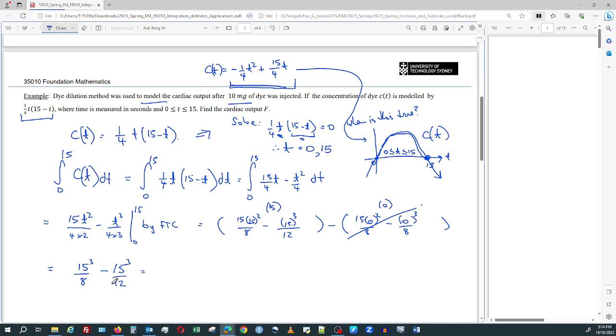Now what's common between 8 and 12? Probably 4. So we'll take the 15 cubed out the front. I know, it's a bit unusual, but we'll take the 15 cubed and the 4 out. And what would the first term be? It'd be a half, wouldn't it? And what would the second term be? It'd be a third. So it's just to simplify the adding of fractions.